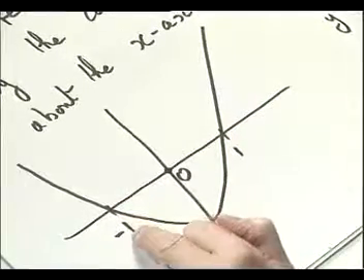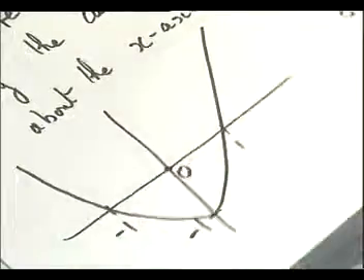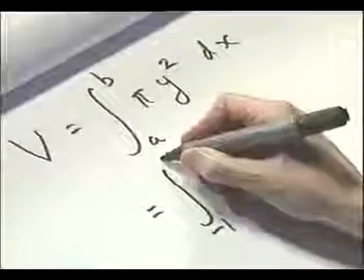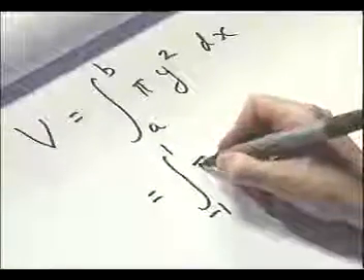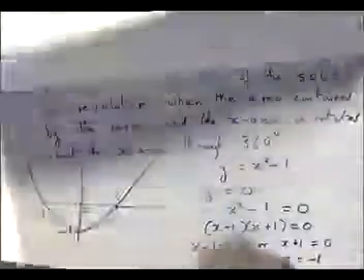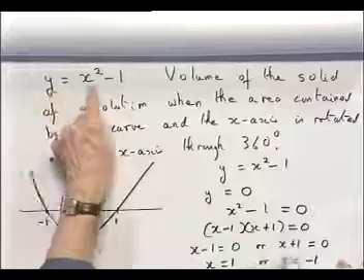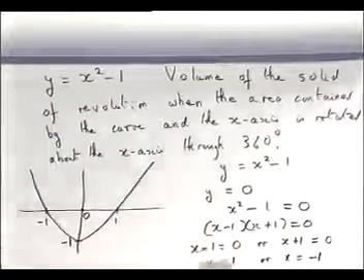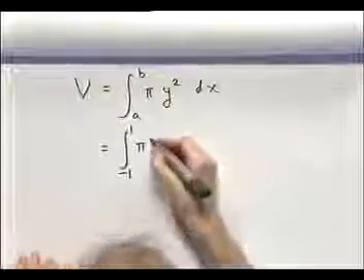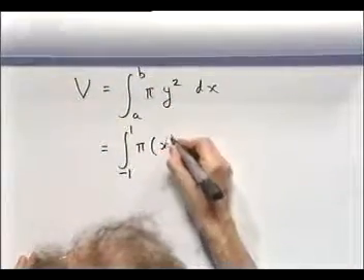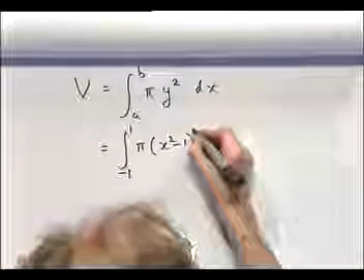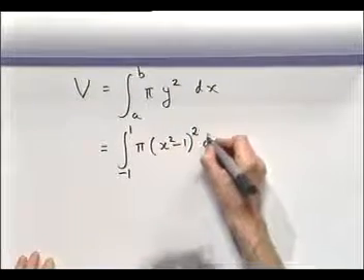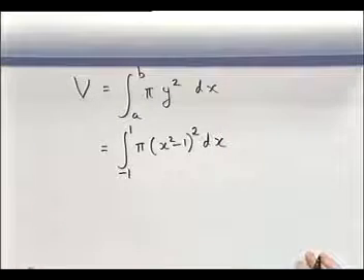So the limits of integration are minus 1 and 1, the values of x where the curve cuts the x-axis. Pi and y squared, well, let's just be careful here. We know that y is x squared minus 1. So we can write that in. X squared minus 1, and we remember to square it, integrated with respect to x.